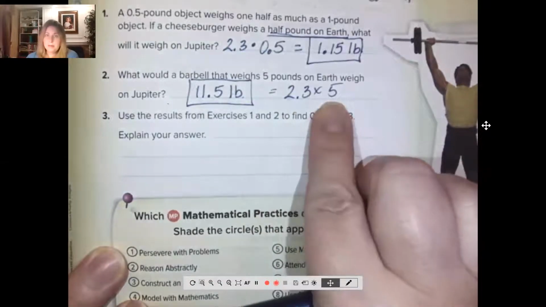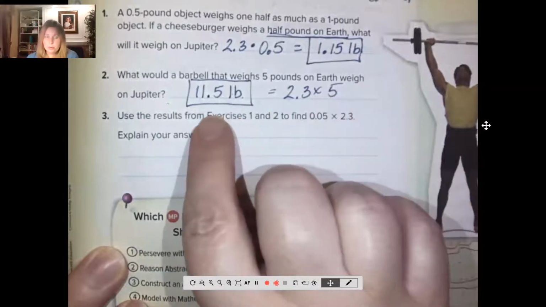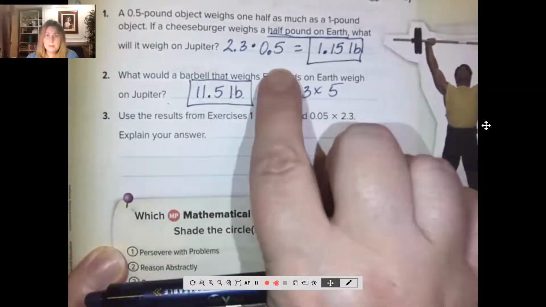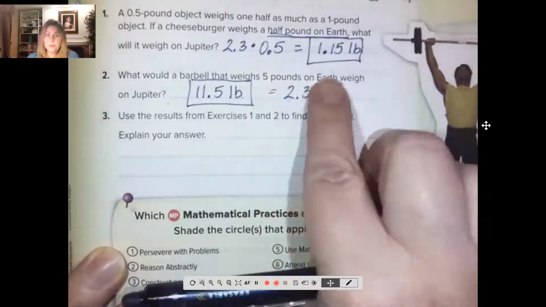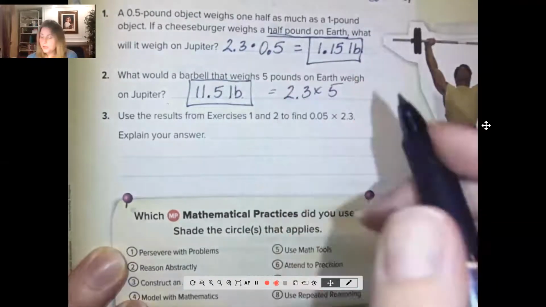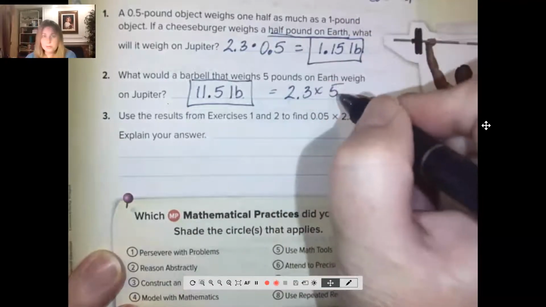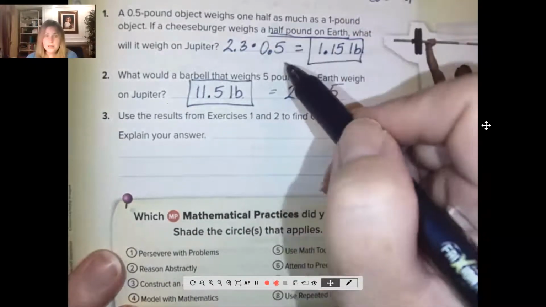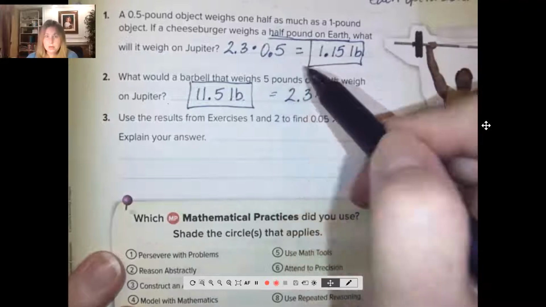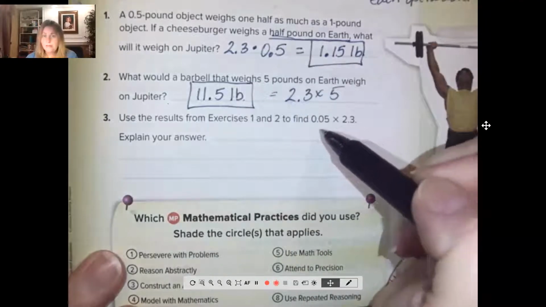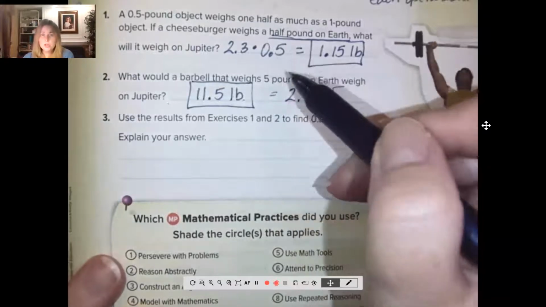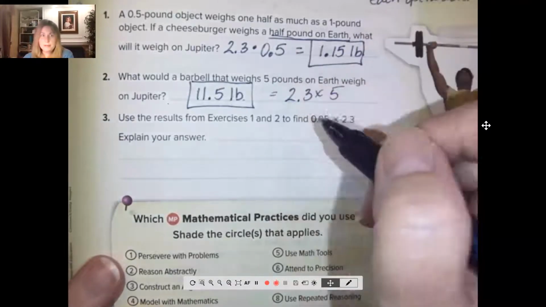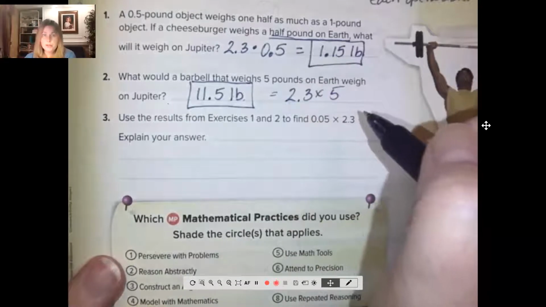Here we multiplied by 5, and we got 11.5. Here we multiplied by 0.5, and we got 1.15. So it got smaller by a factor of 10. This was a 5. 5/10 is 10 times smaller than 5. And then 5/100 is 10 times smaller than 5/10. So all we're doing each time is dividing by an additional factor of 10.